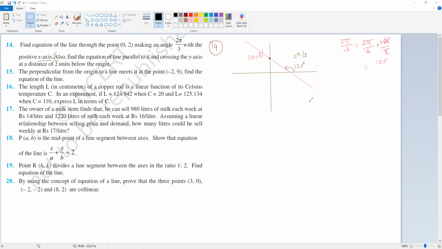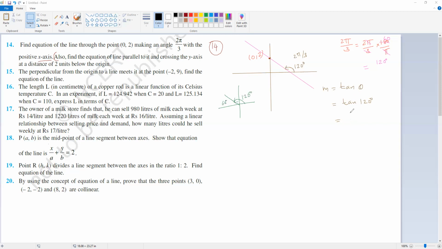So for the equation, first you have to find the slope. Slope is equal to tan θ, that is tan 120 degrees. The reference angle of 120 degrees is 60 degrees.